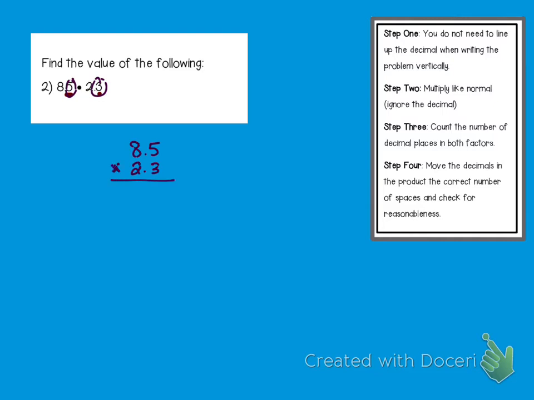If it happens, it happens, but that's not your goal. Your goal is to take the last 2 numbers and stack them on top of each other. Okay, remember I count how many numbers are to the right of the decimal. There are 2. Okay, I want you to press pause and multiply this out, and then press play when you have finished.